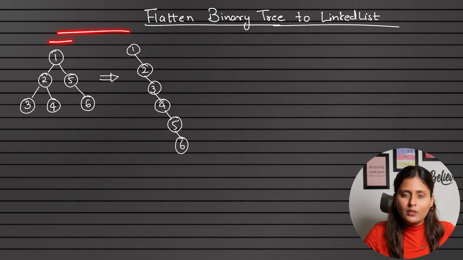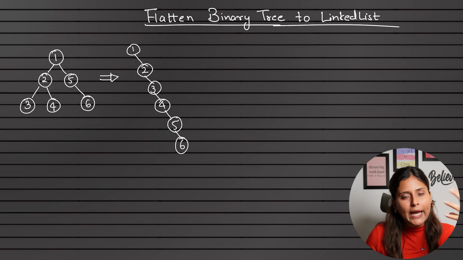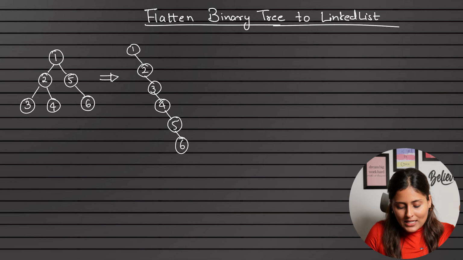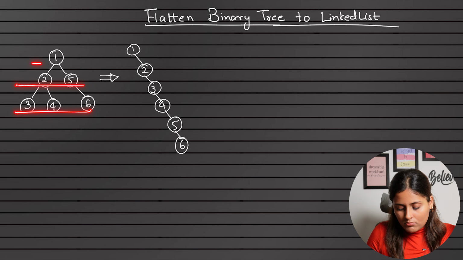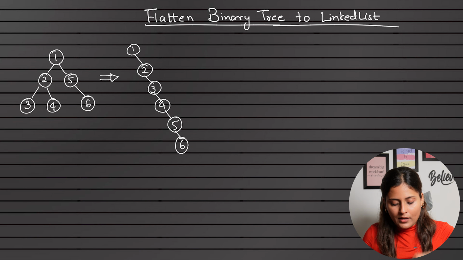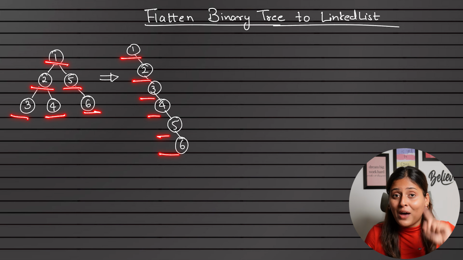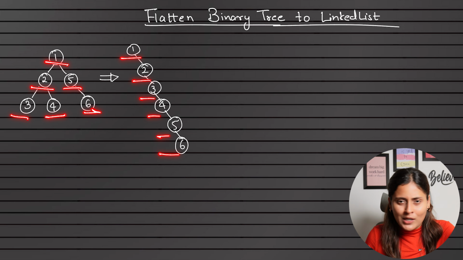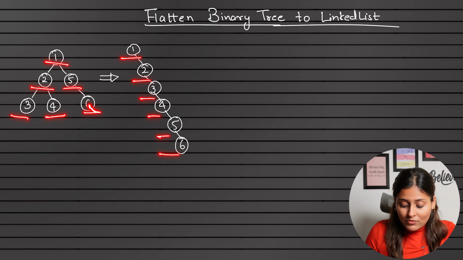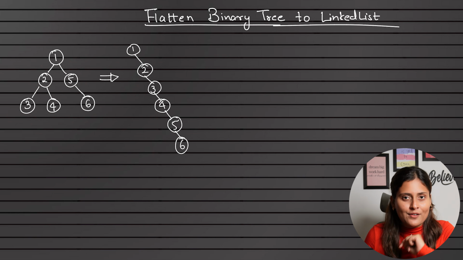Okay, so this is a question where the first approach which hits our mind is, we have to move all the nodes like this. And if we see this very clearly, first 1, then 2, then 3, then 4, then 5, then 6. And if you have solved pre-order, post-order and in-order traversal, then this is nothing but the pre-order traversal.